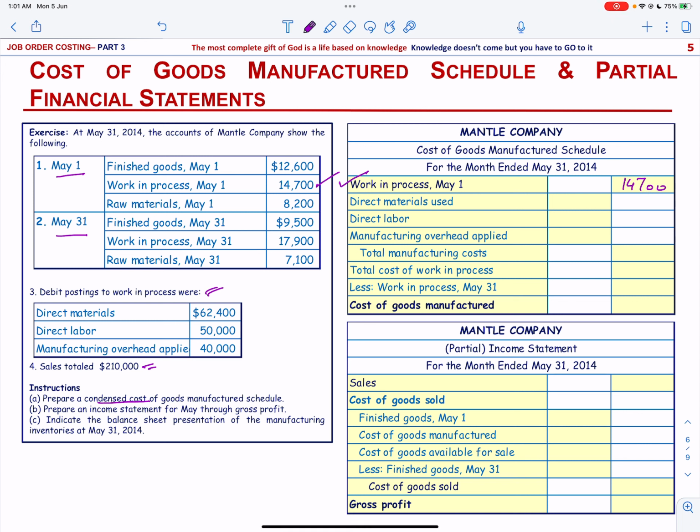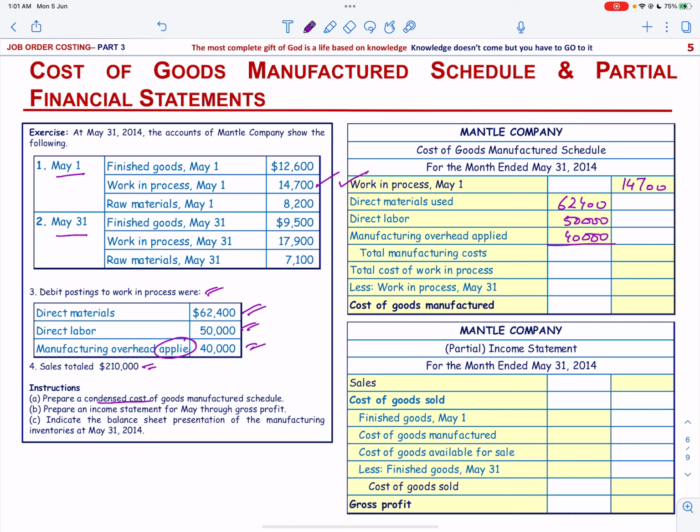Then we have direct material used, and the direct material used is 62,400. We have direct labor of 50,000, and we have manufacturing overhead applied 40,000.